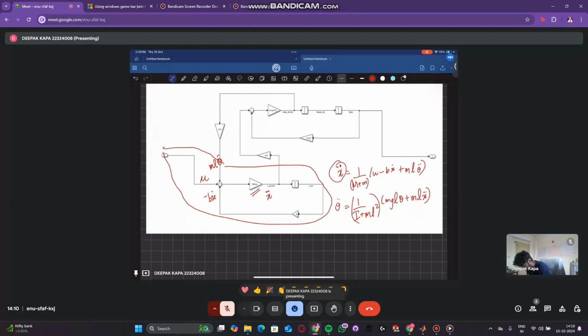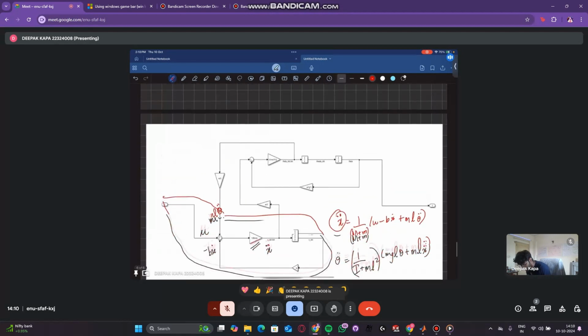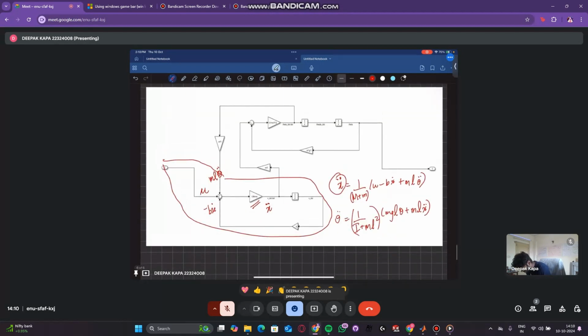Okay. So now I finish this X double dot loop, and on top I calculate my theta loop. To calculate theta double dot, that's this part. Initially I multiply X double dot by a gain of ml.